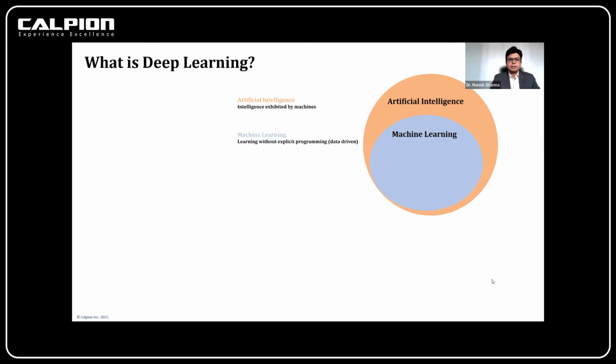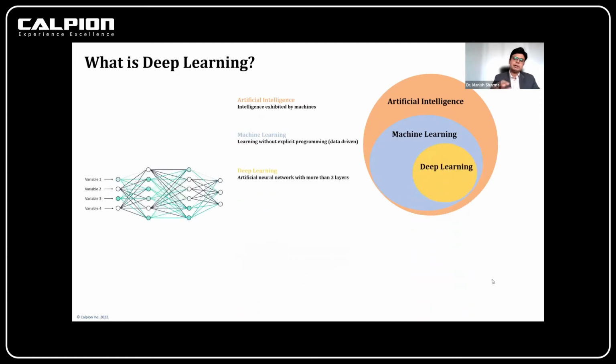And within machine learning, there is another class of algorithms which are inspired by brain-like functions, called neural networks. When these artificial neural networks have more than 3 layers in the connection, it comes under deep neural network, and this is what we call deep learning. So artificial intelligence is the biggest umbrella, under which we see machine learning, under which we see deep learning.